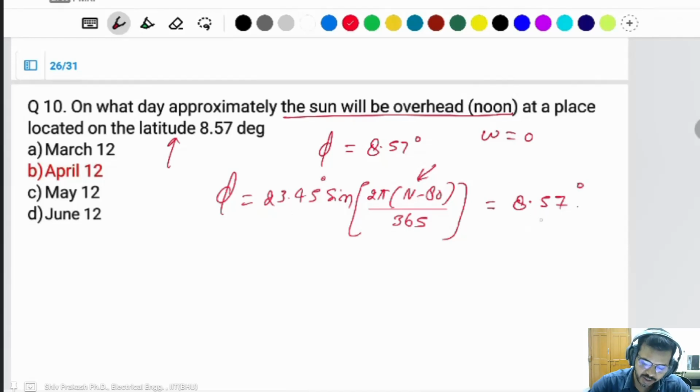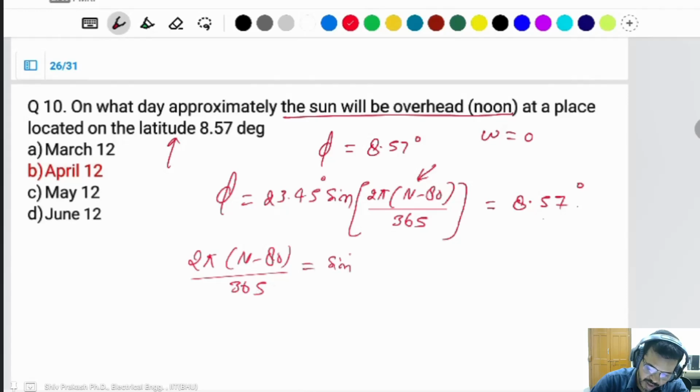An angle you can divide, then 2 pi over 365 of (n minus 80) will be sine inverse of 8.57 divided by 23.45.